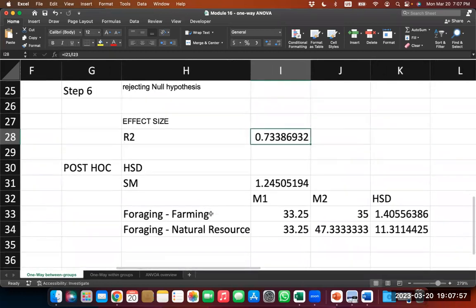And then you have two different ways to calculate these multiple comparisons. Once you know this is significant, once you know you're rejecting the null hypothesis, or you had a pre-planned a priori comparison, then you will move into post hoc testing, which you do either with a Tukey HSD, a Tukey honest significant difference test, calculating your Q by calculating the group differences divided by a standard error of the mean, pretty much.